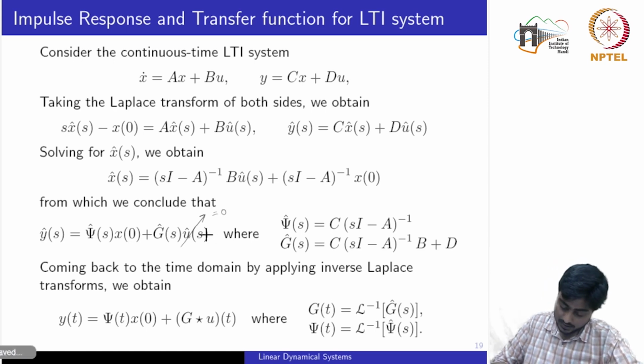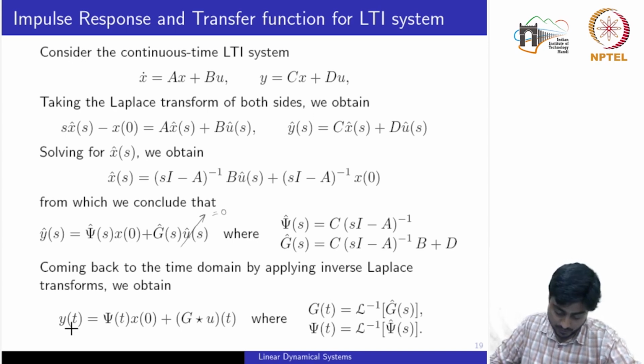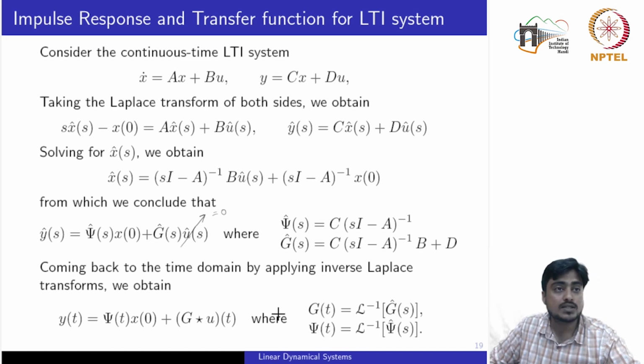system. So if we go back into the time domain by taking the Laplace inverse, we obtain y of t equal to psi of t x naught plus g convolved with u, where g of t and psi of t are basically the Laplace inverse of g hat and psi hat.